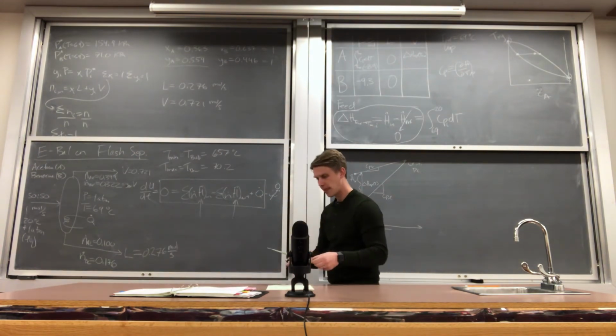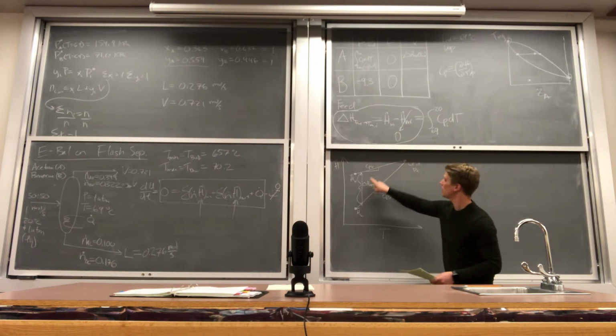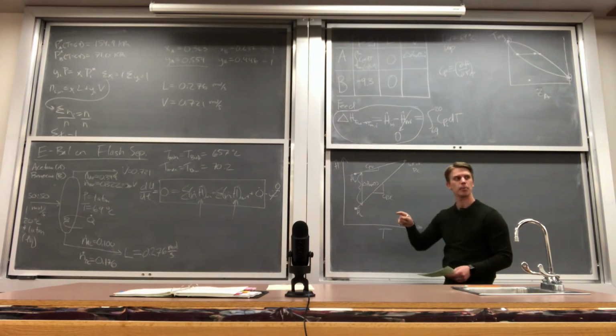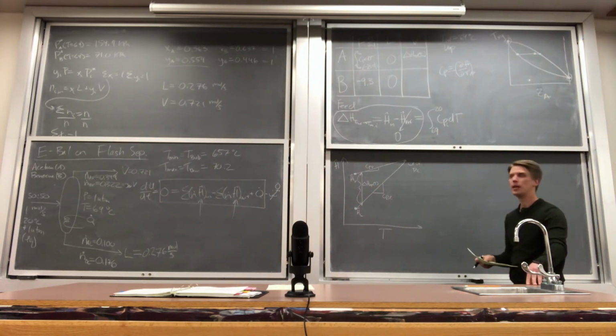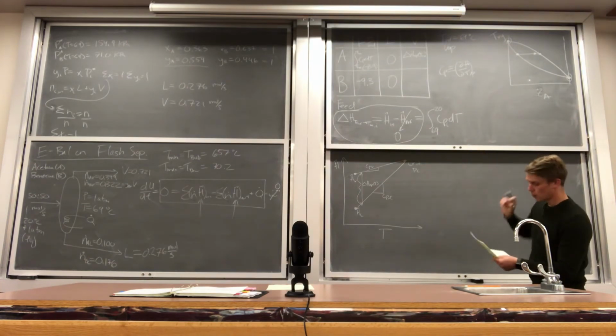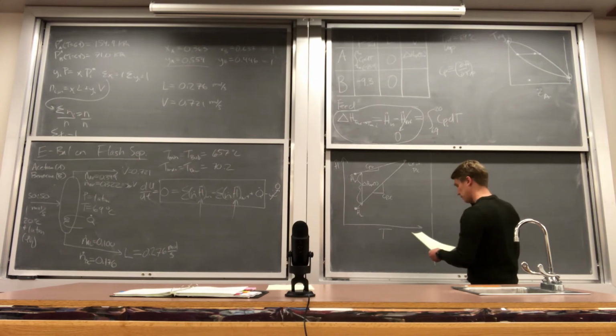So, the question is, how do we calculate the heat of vaporization at a temperature where we don't have it tabulated? Normally, we're only going to have this tabulated at the normal boiling point. But in this case here, we have to choose one that's at a lower temperature for benzene and at a higher temperature for acetone.